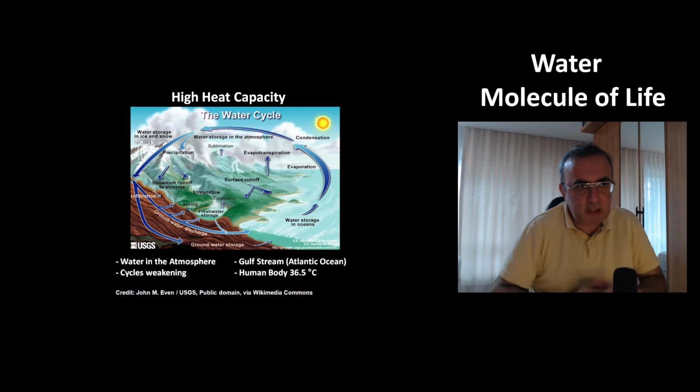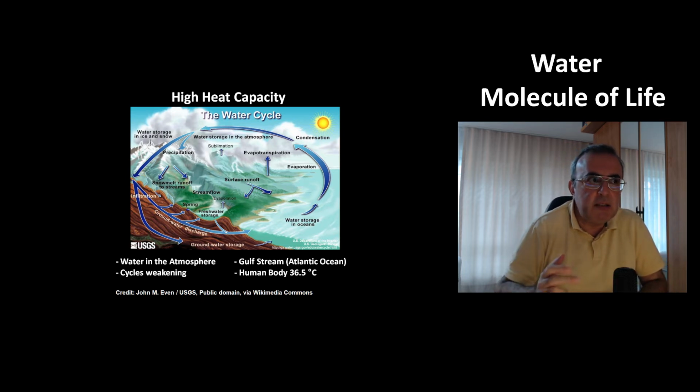You can see in this diagram there are several water cycles. There's the water cycle in the atmosphere, and there's another water cycle in the oceans, for example the Gulf Stream, which transports hot water to, for example, North America and Europe. Both cycles are driven by temperature differences between the mild climate zones and the equatorial zones.